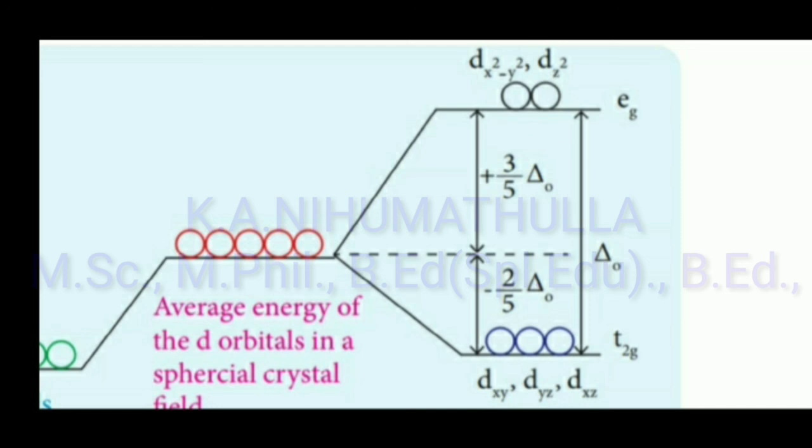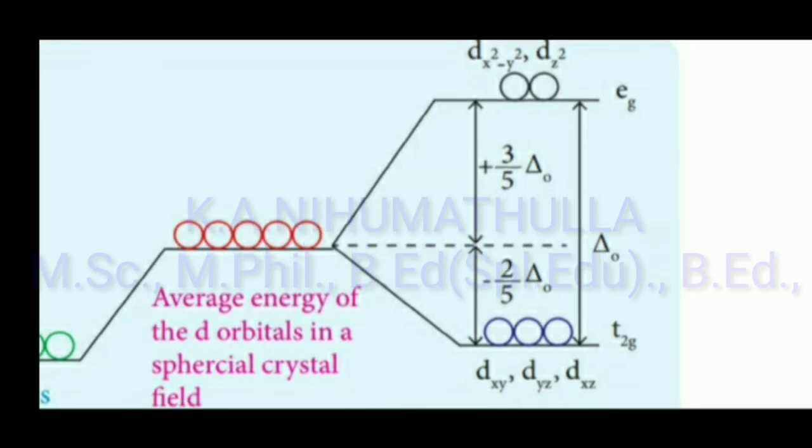Delta O is the octahedral crystal field splitting energy. That is not delta 0, that is delta O, the octahedral crystal field splitting energy. The energy of the 5 d orbitals splits into two, one higher energy level and another lower energy level. The total number of orbitals is 5, indicated by the denominator 5.